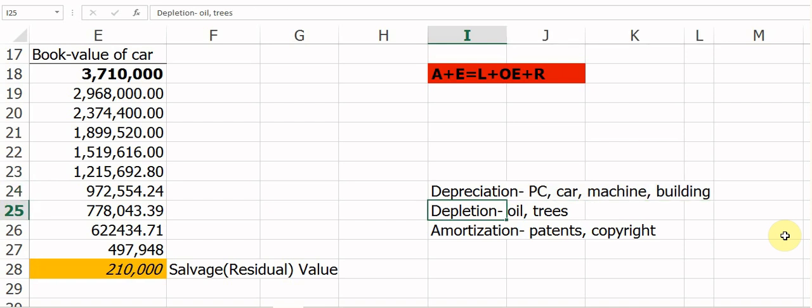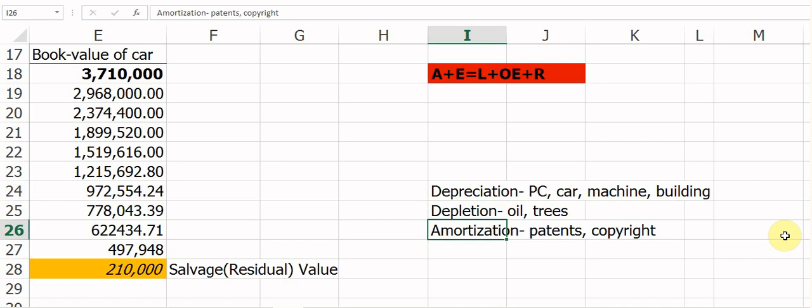This is like a gold mine, an oil field, a forest of trees. So if I have a lumber industry, I'm chopping down trees, selling trees. Every time I chop down a tree, my forest loses value. Okay? Or every time I take gold out of the mountain loses value. So that would be depletion. So it's used in the same sense as depreciation, but just for a different type of asset.